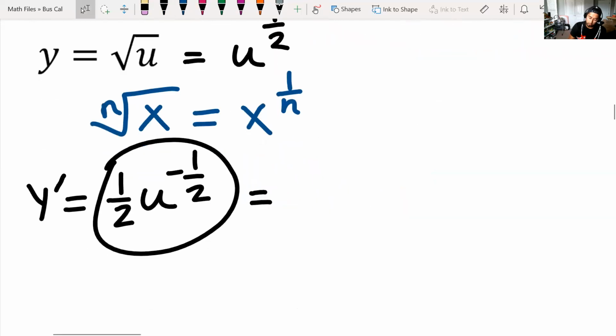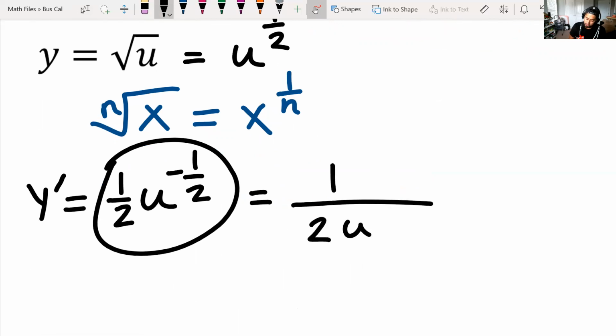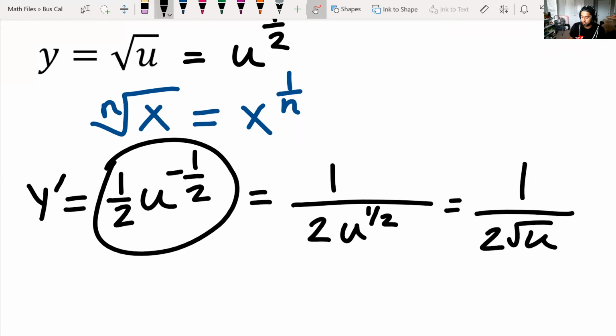So this will rewrite to 1 over 2 u to the 1/2. Which, that's fine, but also one more rewrite could be 1 over 2 square root u.